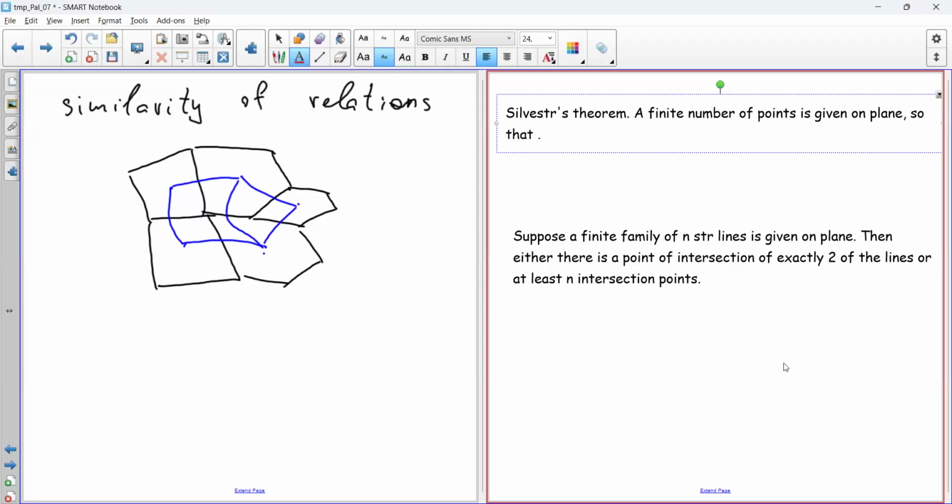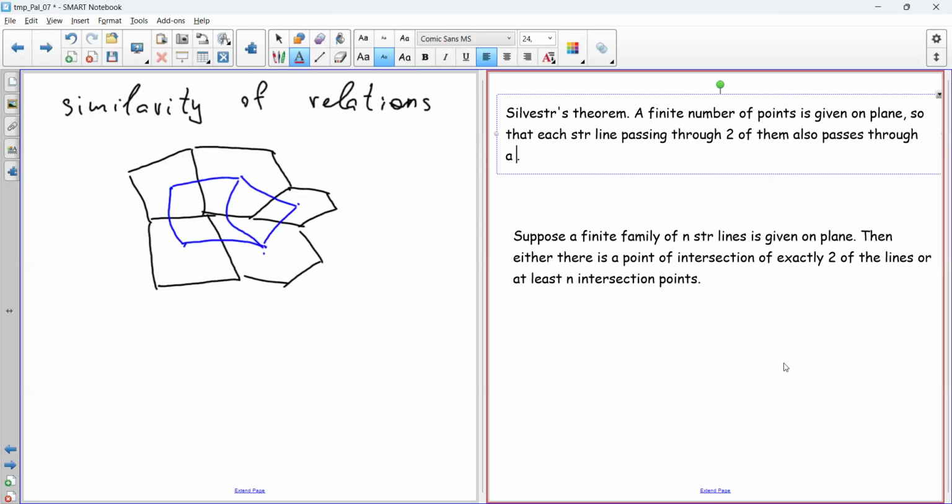So that each straight line passing through two of them also passes through a third point.